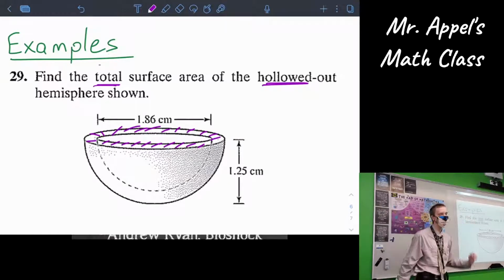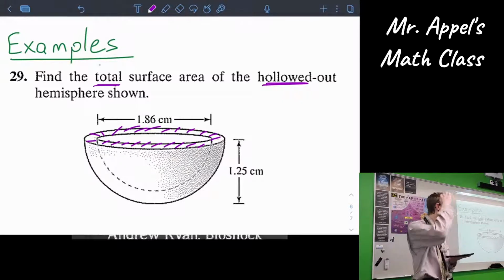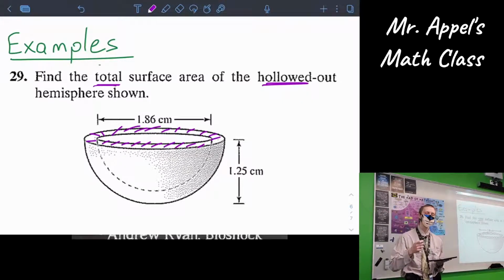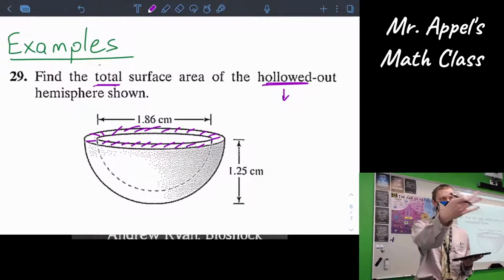So whenever you see hollowed out, your brain should immediately alert you to, hey, I'm going to have to do one extra operation. And that operation is what? Normally to find surface area, I'm adding up all of these surface areas.